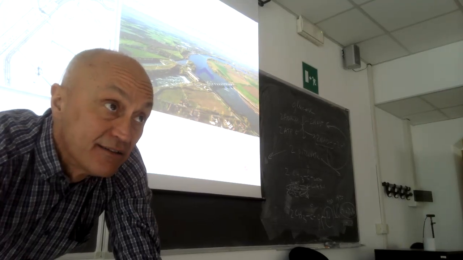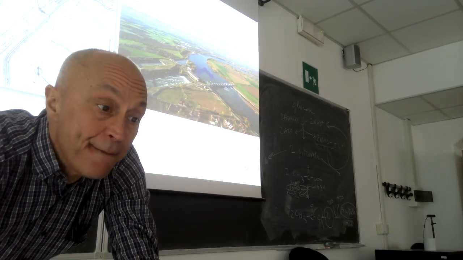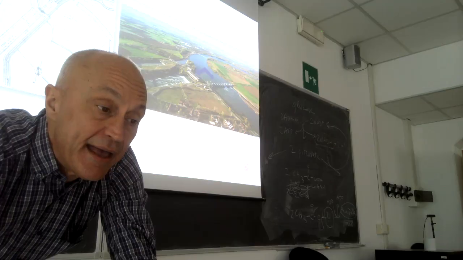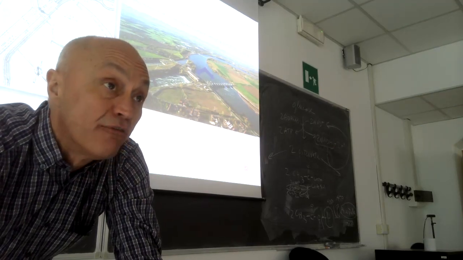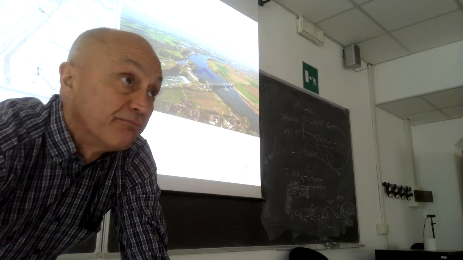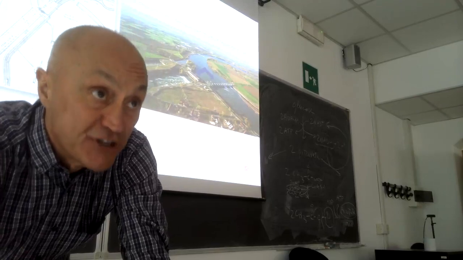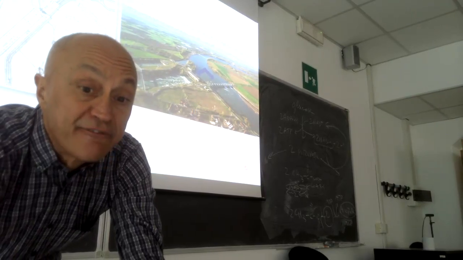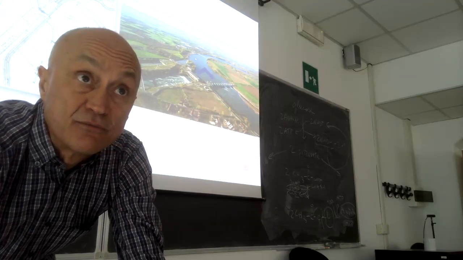So you have to be able to cross this river cross section to navigate upstream, but you cannot because there's a dam. So what you do is build a ship lock. A ship lock is a system in which you can connect, by closing and opening gates, two points with a different water level.